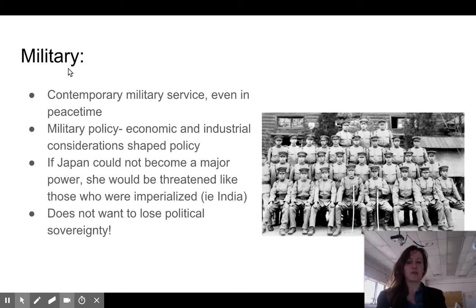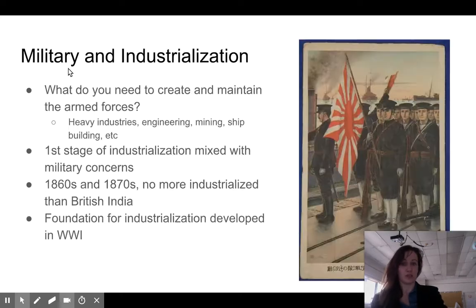The idea was that if Japan could not become a major power, she would be threatened like those who were imperialized. Think of British India at the time. So they sort of knew if we don't want to become a colony, we need to step up our military. They did not want to lose political sovereignty. They wanted to remain an independent nation.